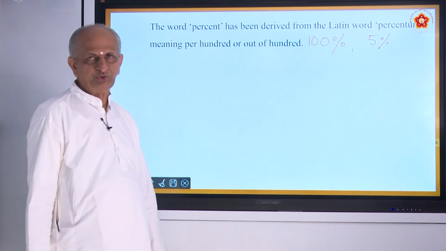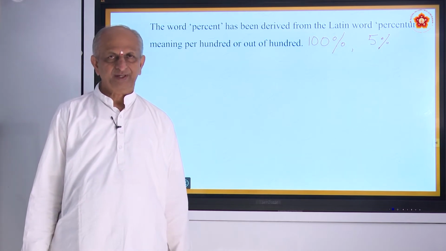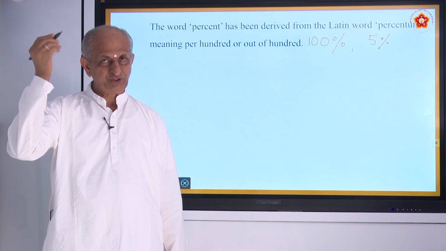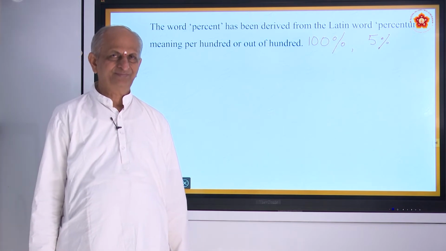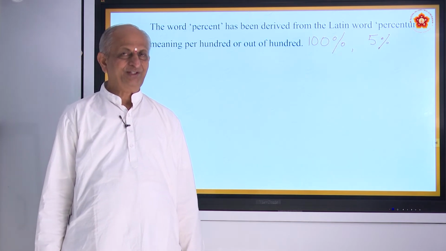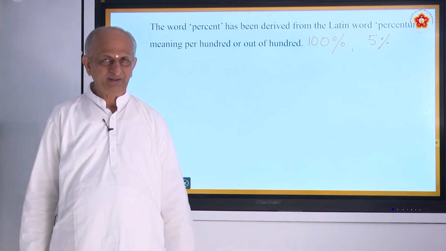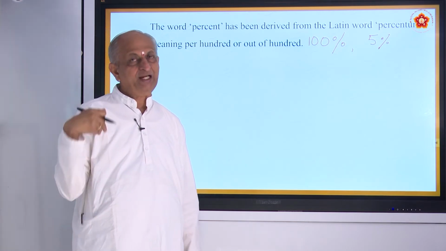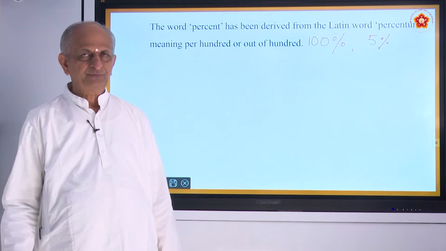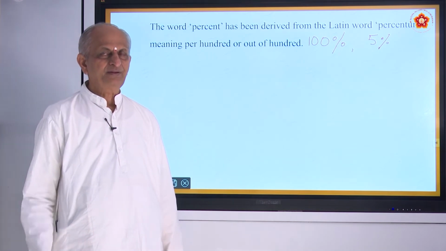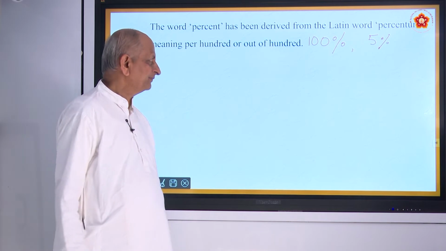Actually, it was introduced in Italy as long as 17th century back. So, in 17th century, the word percent was used, especially by the business people when they wanted to sell some articles, when they wanted to buy some articles, the transaction used to happen.